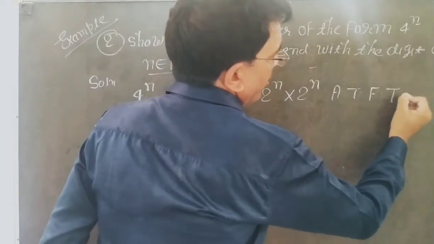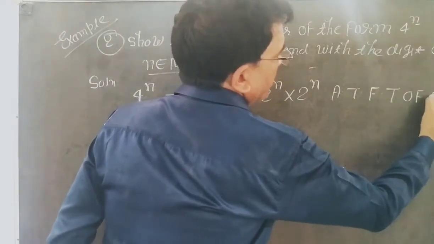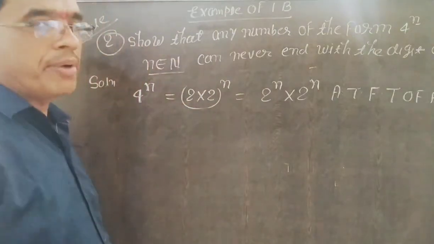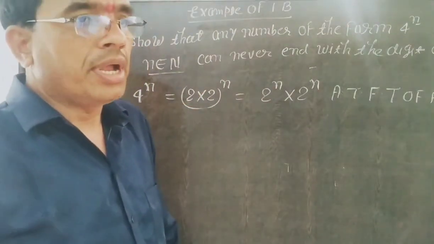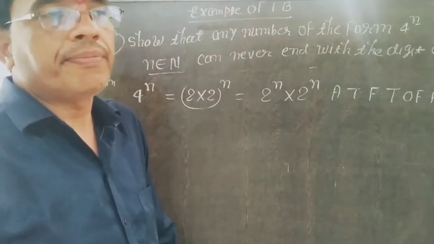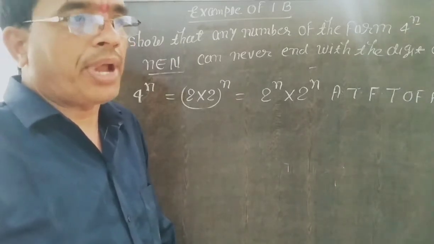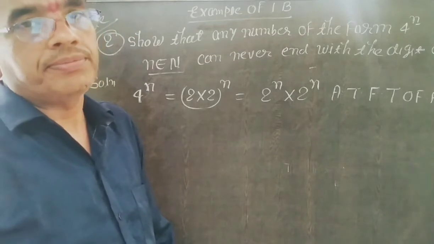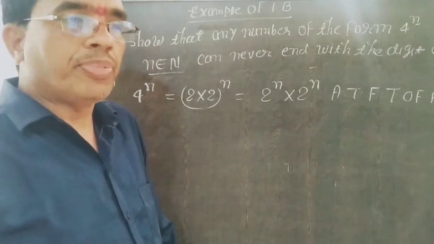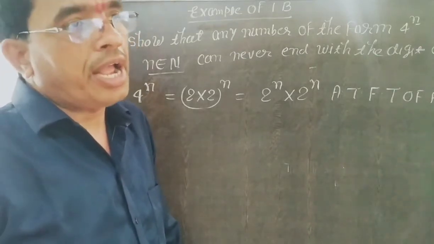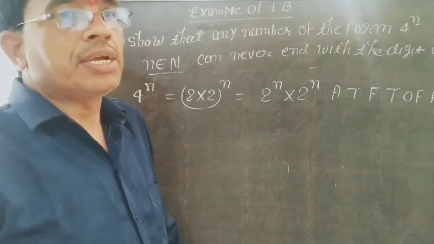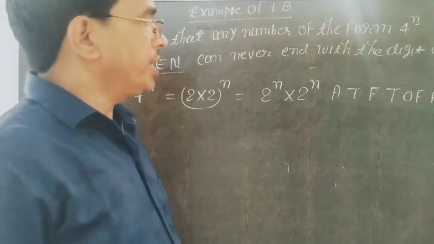fundamental theorem of arithmetic. What is the fundamental theorem of arithmetic? Any composite number can be expressed as a product of primes, and that is unique.